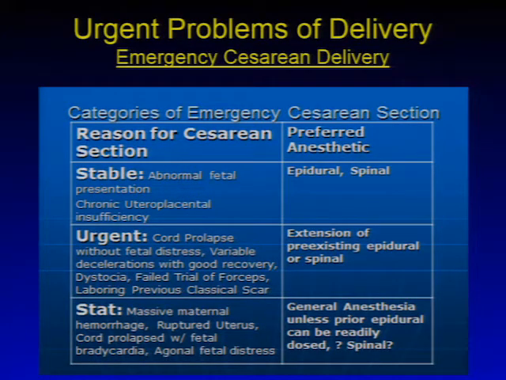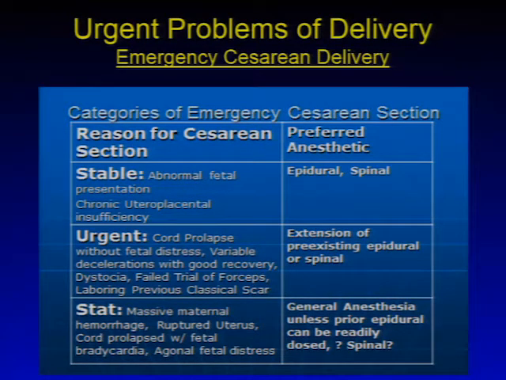But emergency cesarean deliveries have been thought to be able to be classified into those that are stable, those that are urgent, and those that are stat. For a stable emergency cesarean section, often an epidural can be dosed or a spinal can be instituted. Those include such things as abnormal fetal position and chronic uteroplacental insufficiency.